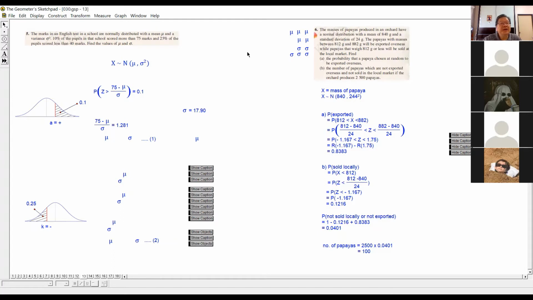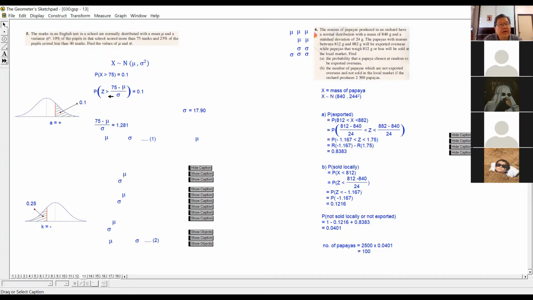As we know, we cannot find the probability of X directly, so you have to convert X to the Z distribution, the standard normal distribution.